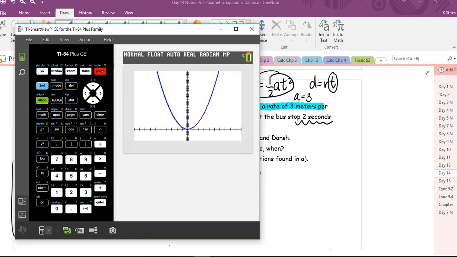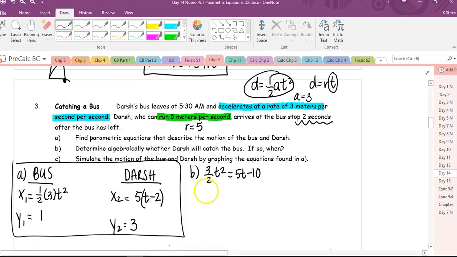And when you graph that, you notice that this line and this parabola are never going to intersect, which means, alas, Darsh, you did not catch the bus. You're going to have to walk, I guess. If they did intersect, your intersection point would tell you at what time he caught the bus.